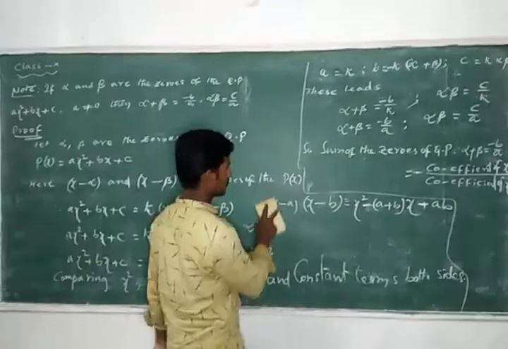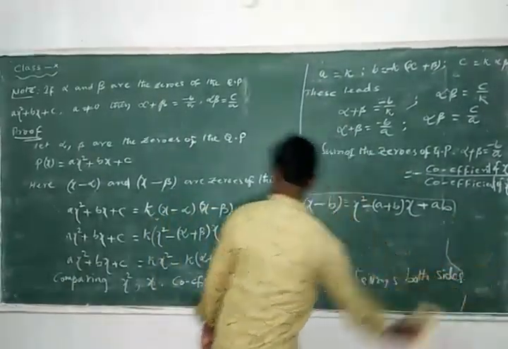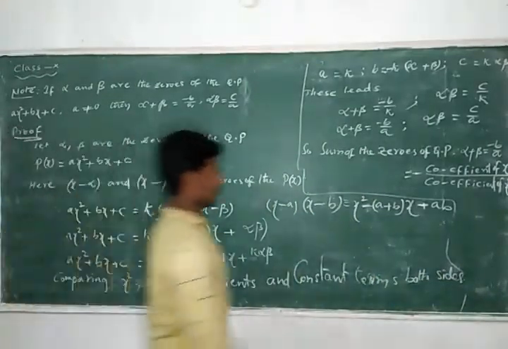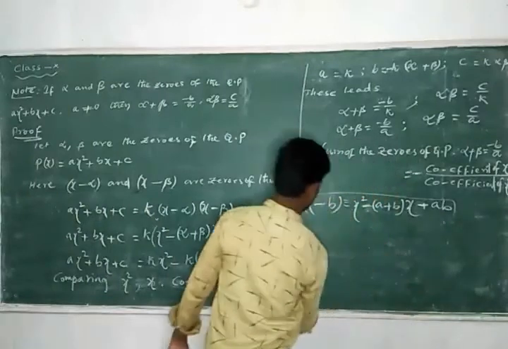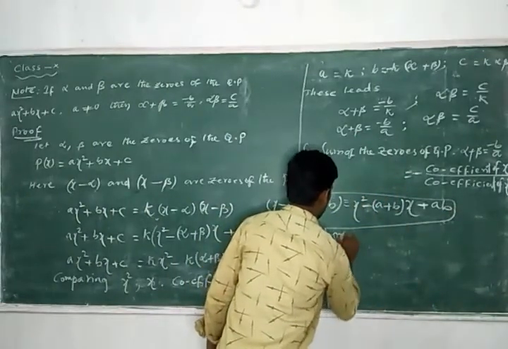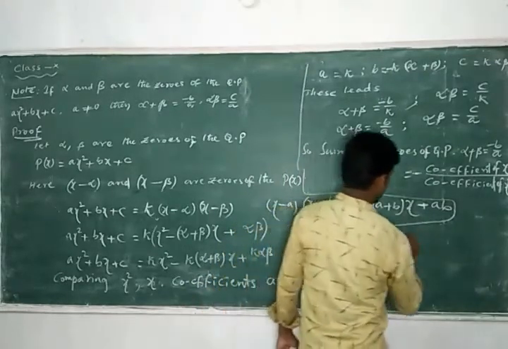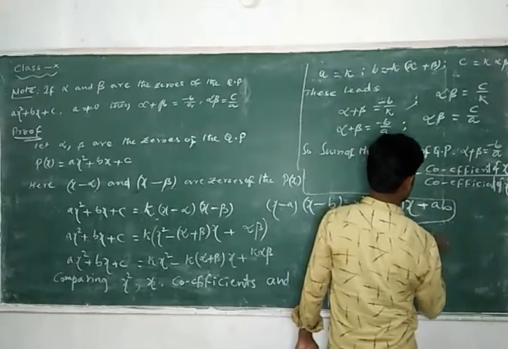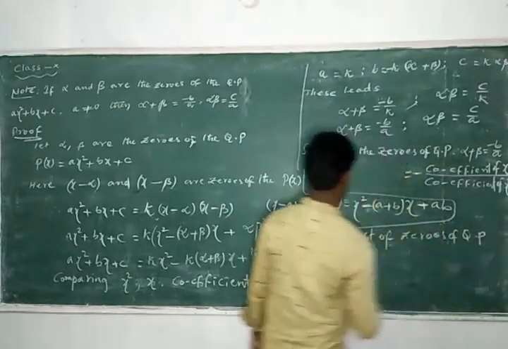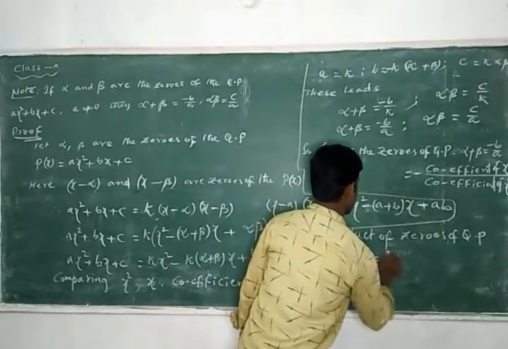Then the product of zeros of a quadratic polynomial is alpha into beta is equal to c by a.